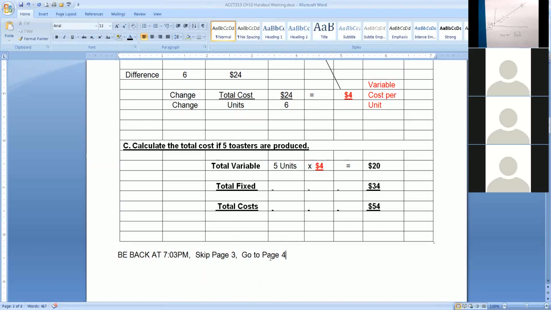I think you guys probably have this down. So when we come back, we'll start on page 4.